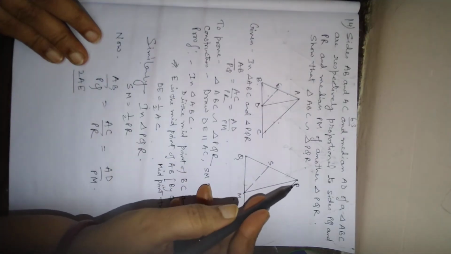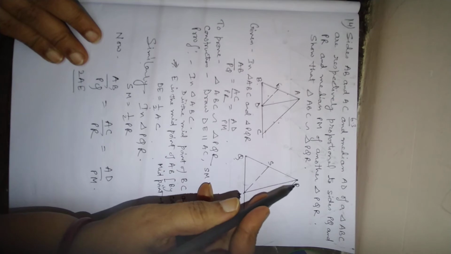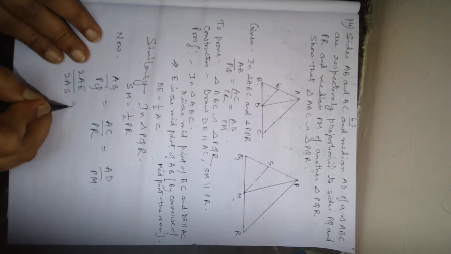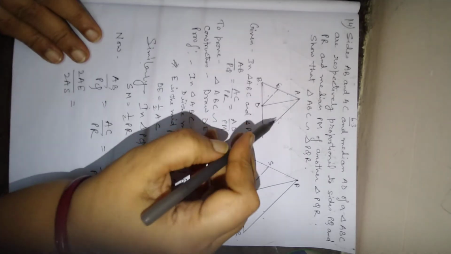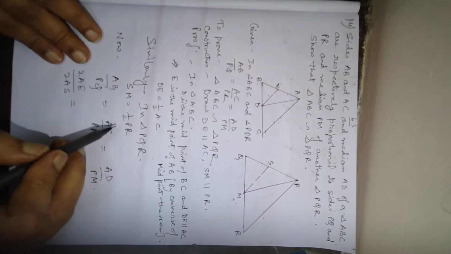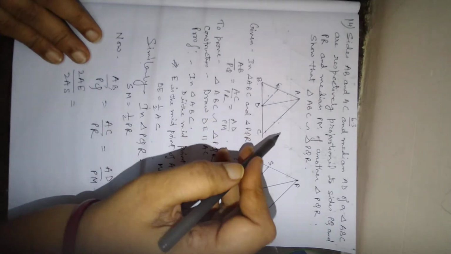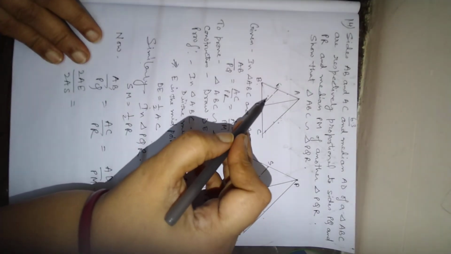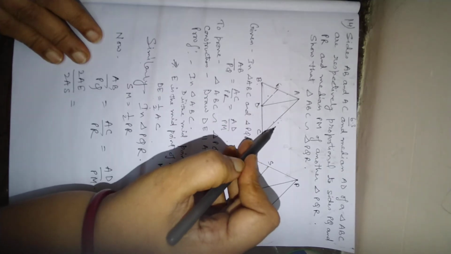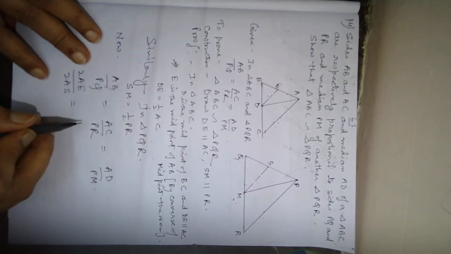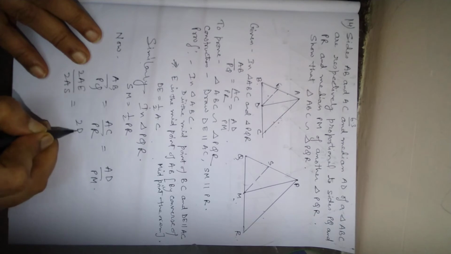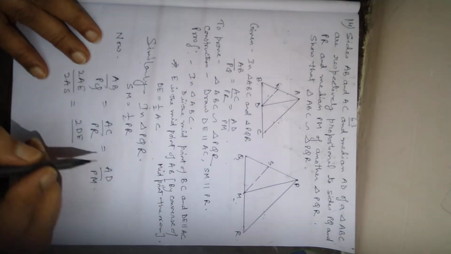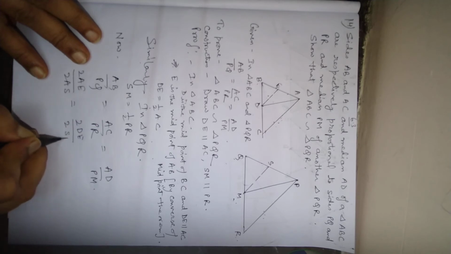And in place of PQ, we can write twice of PS. Just now we have proved that ED is half of AC, so in place of AC we can write twice of DE. And in place of PR, we can write twice of SM.